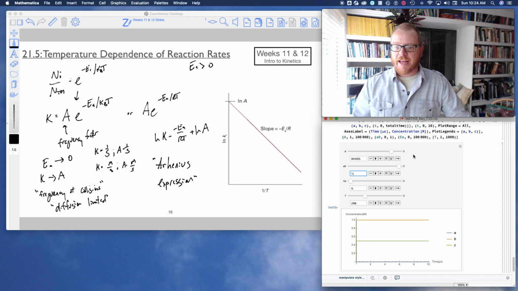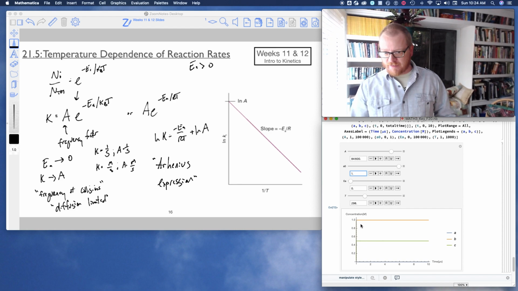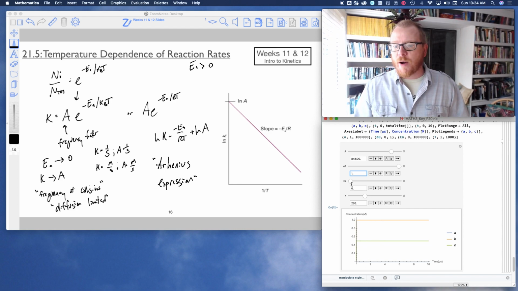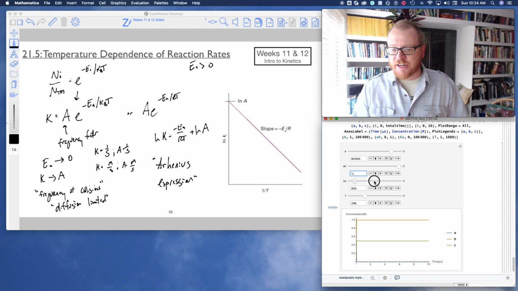Okay. And so now what you're looking at, you might not be able to tell what's going on here, but with no activation energy, the reaction is so crazy fast, you can't even see my reactant on this profile. So let's take the activation energy way up. I'm going to take it up so high now, like 70 kilojoules, that look, nothing is reacted.